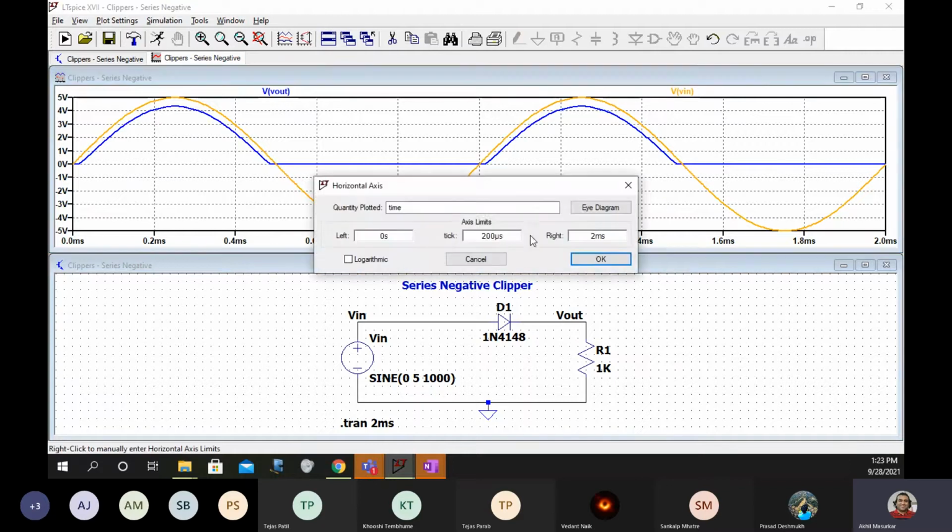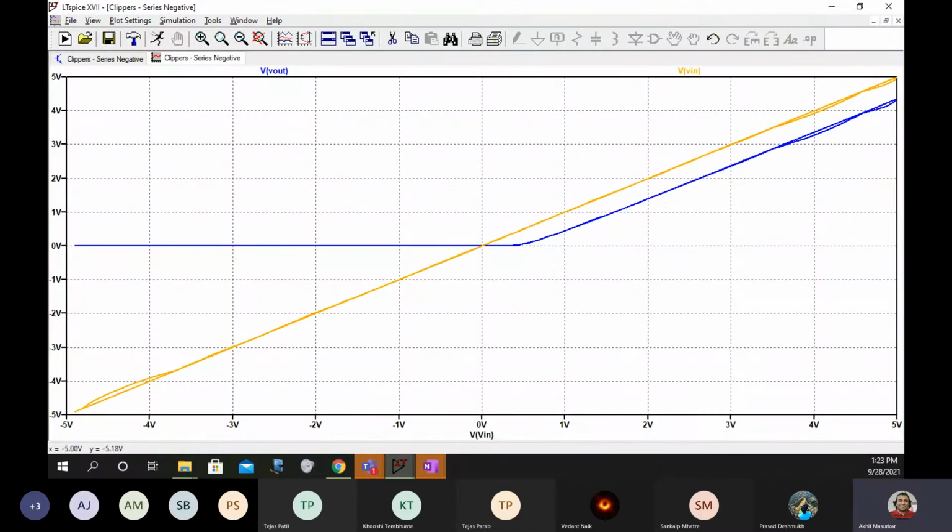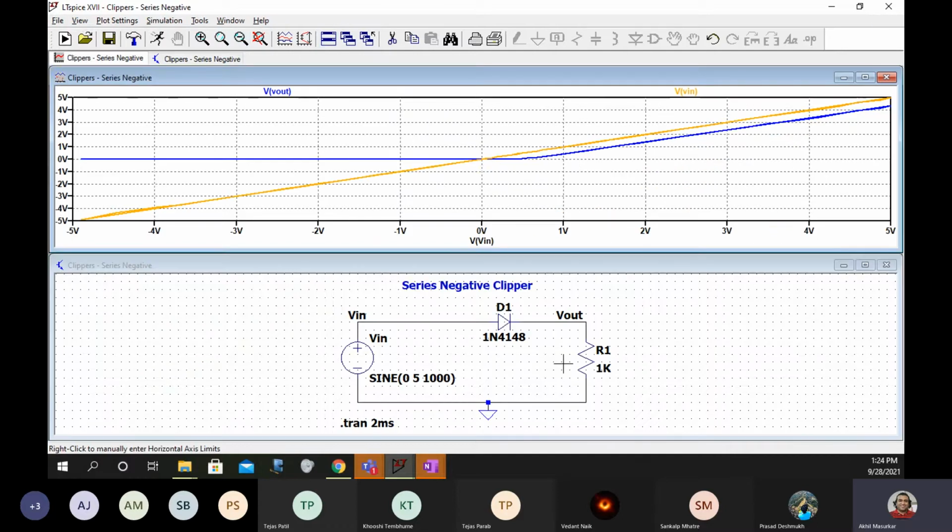But if you change this to V of V in, that V in is also plotted with respect to V in, getting a straight line. This orange line has a slope of 1, and you can see this V out is going parallel to V in. I want you to show me this graph and this circuit.